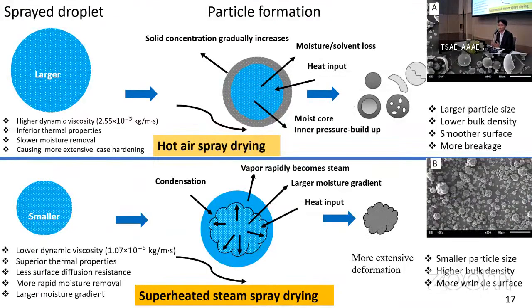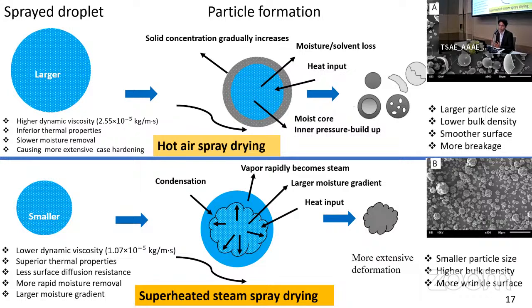For the reason why the superheated steam dried powder has a smaller particle size, the initial spray droplet under superheated steam is much smaller than under hot air drying. I would like to add that during atomization, we use different compression media. In the hot air case, we compress with hot air.